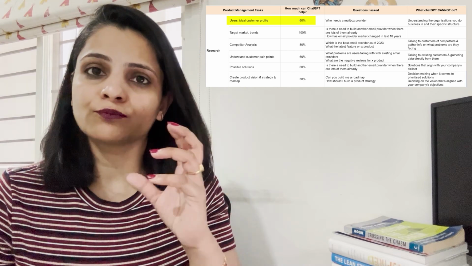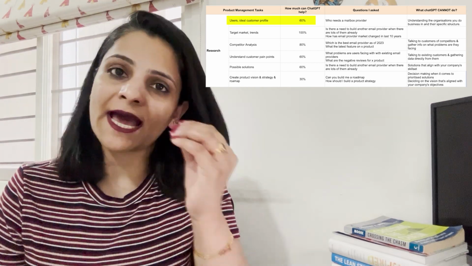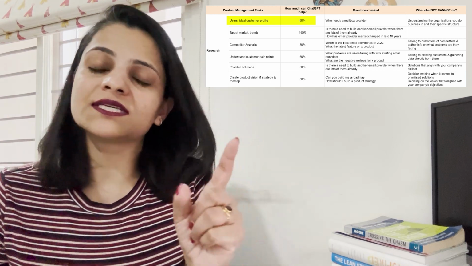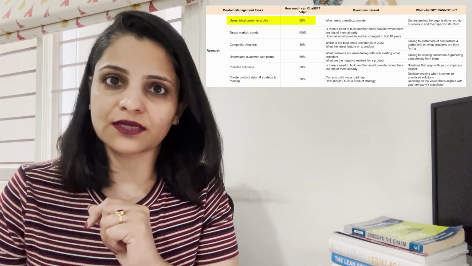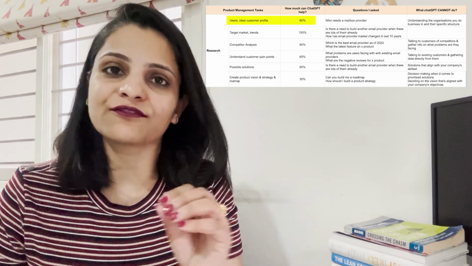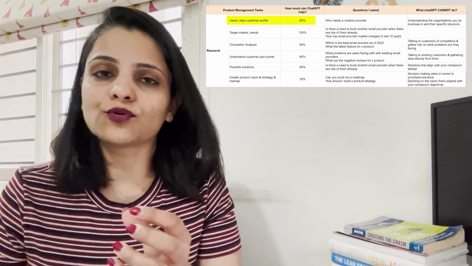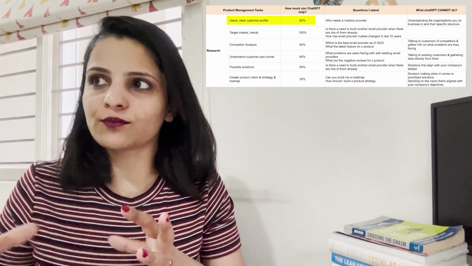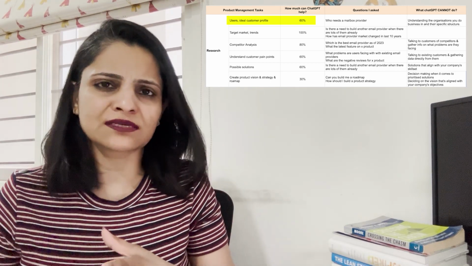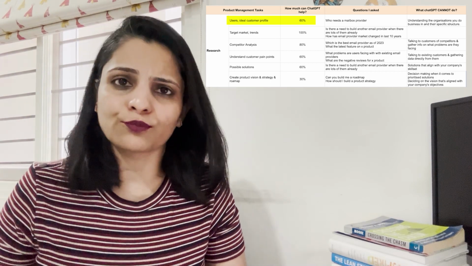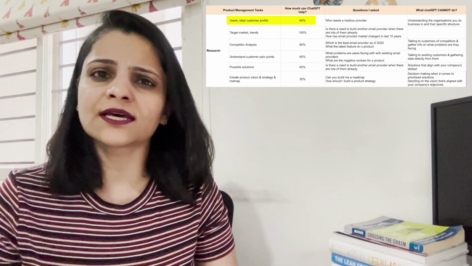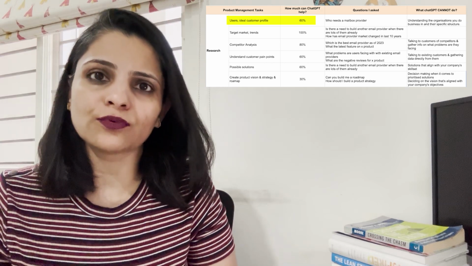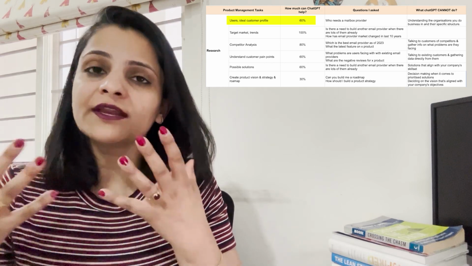So you have to utilize that knowledge and then leverage ChatGPT: based on this user, what does the customer journey look like for this particular user? What are the challenges that they are facing? For example, I could ask a question like, who needs a mailbox provider? If I was looking at building a product similar to Gmail or email providers like that, and I ask that question, it's going to give me the results of users who need a mailbox provider.